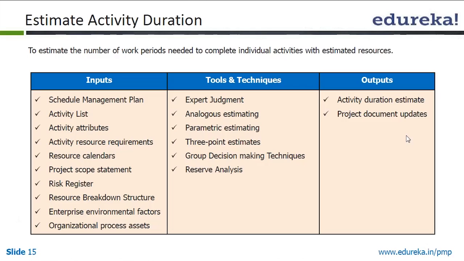So the purpose is to estimate the number of work periods needed to complete individual activities with estimated resources. Schedule management plan, activity list, attributes, activity resource requirements, resource calendar, risk register, resource breakdown structure, EEF and OPA are the inputs.